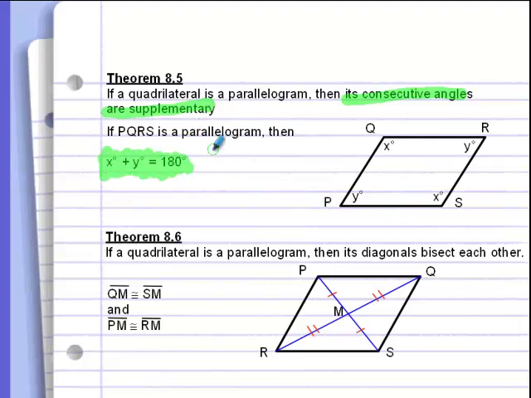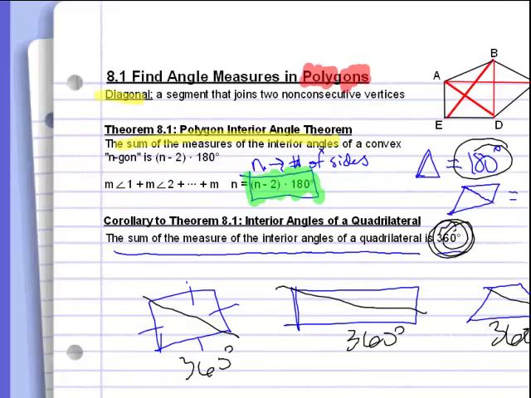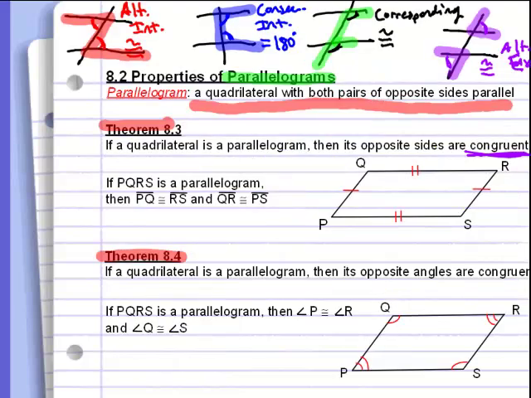Now, I want you to stop, and I want you to flip back to the very first page. Excuse me, the very second page. Okay, let's try the first page of section 8.2. There we go. Hope you're keeping up. Sorry about that. And I want you to look at the different parallel angles, or the angles formed by parallel lines that we got.